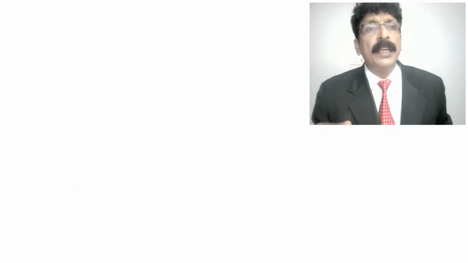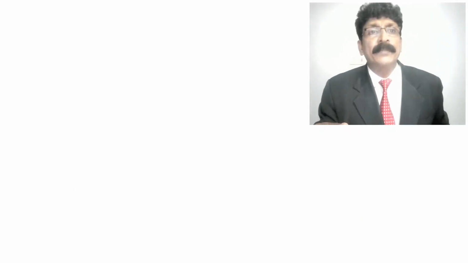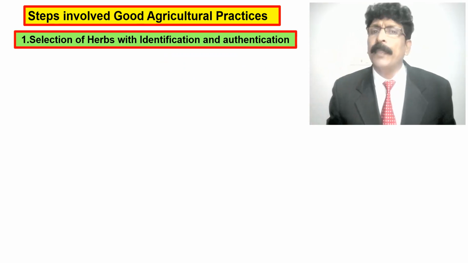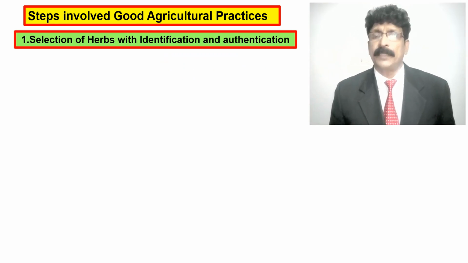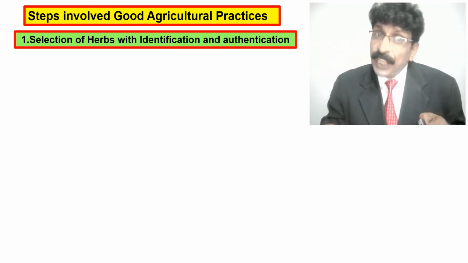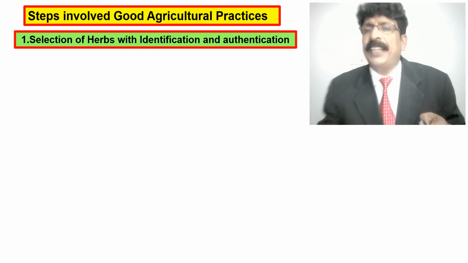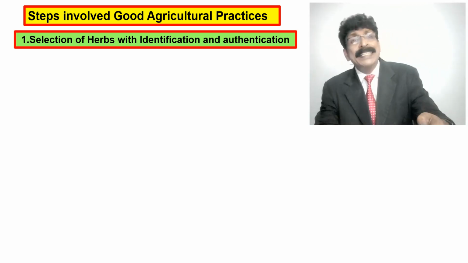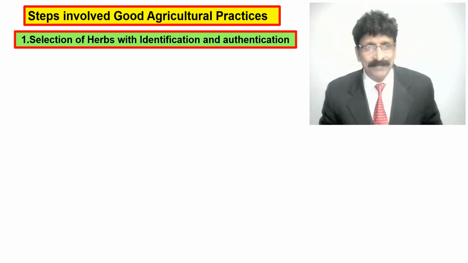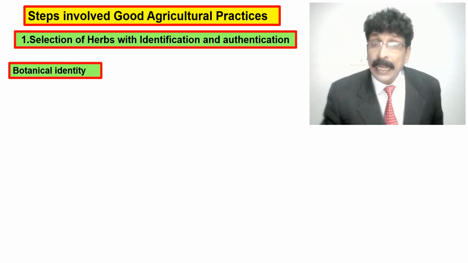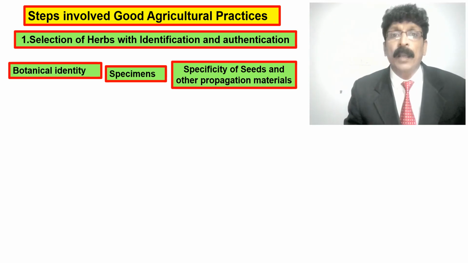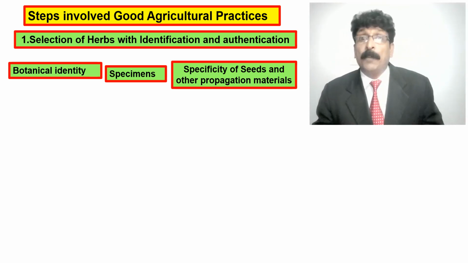And when we come to this slide, it shows the steps involved in good agriculture practice. We will see individually these steps involved in good agriculture practice in detail. First one is selection of herb with identification and authentication, in which you should have botanical identity of the plant, specimens should be preserved, and specificity of the seed and other propagation materials.